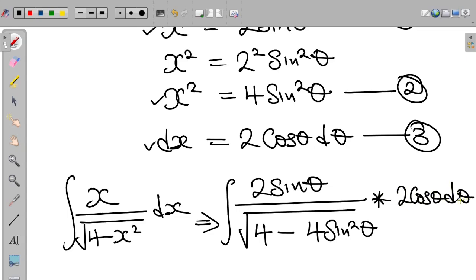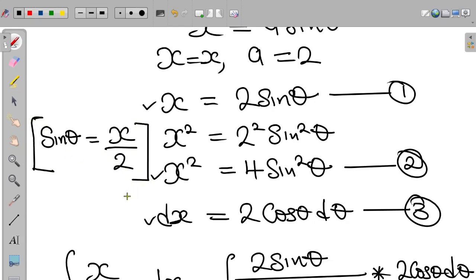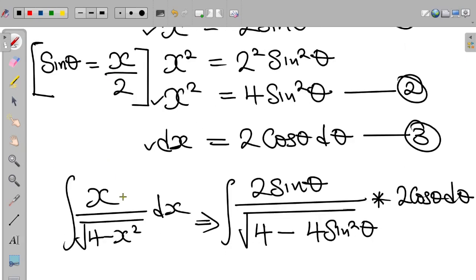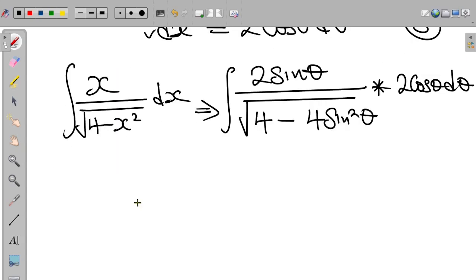Now, before we proceed, from equation 1, we can have that sine theta will be equal to x divided by 2. We will make use of this relation in this question, so take note of that. If we proceed further, this becomes the integral of 2 times 2, which is 4.